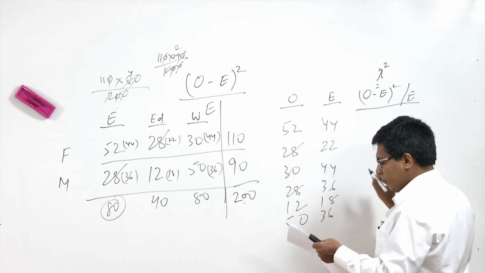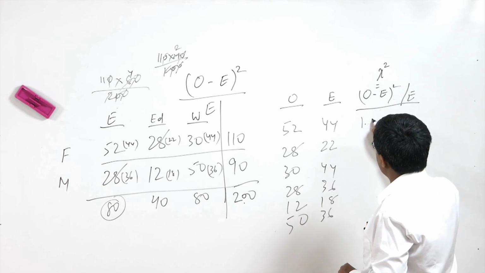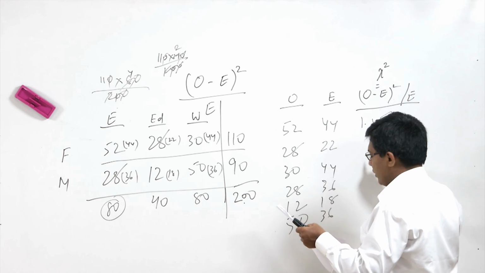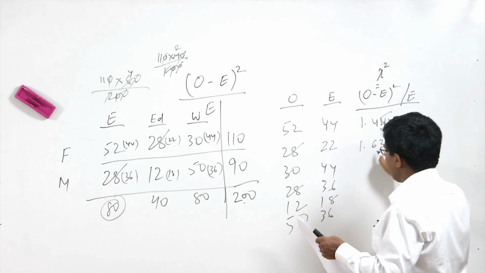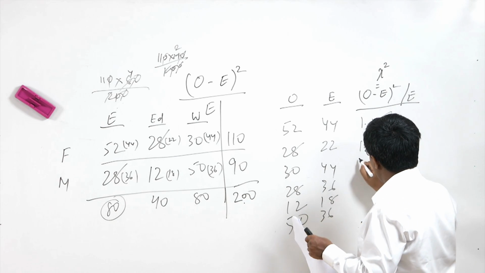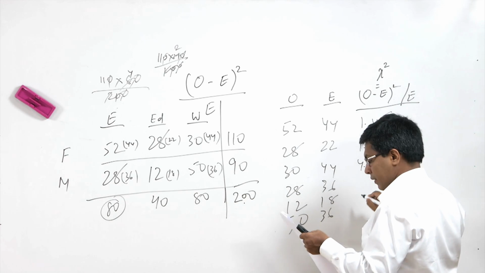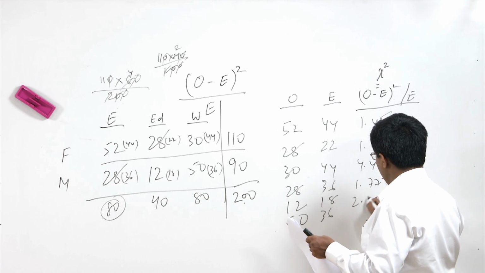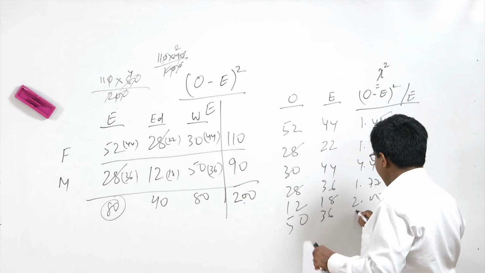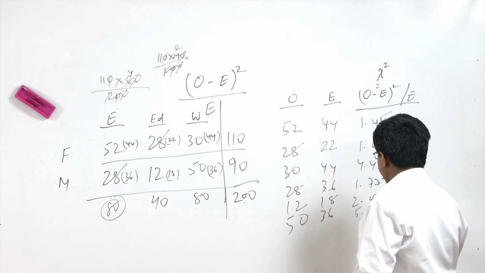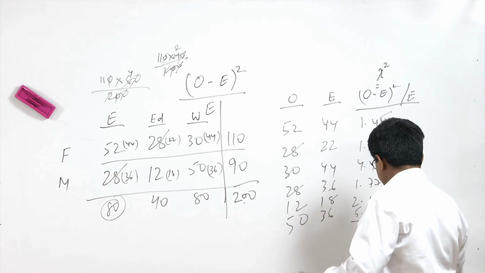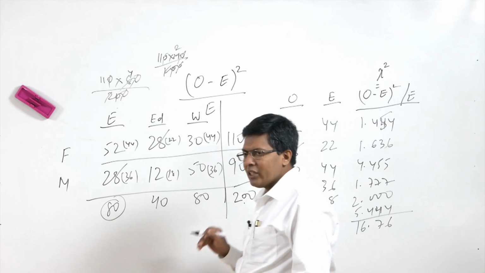From here let us finally calculate the chi-square value. The terms are 1.4454, sorry, 1.636, 4.455, 1.777, 2.000 and 5.444. If we take the overall total, it is coming to something around 16.76. So, this is our overall total.